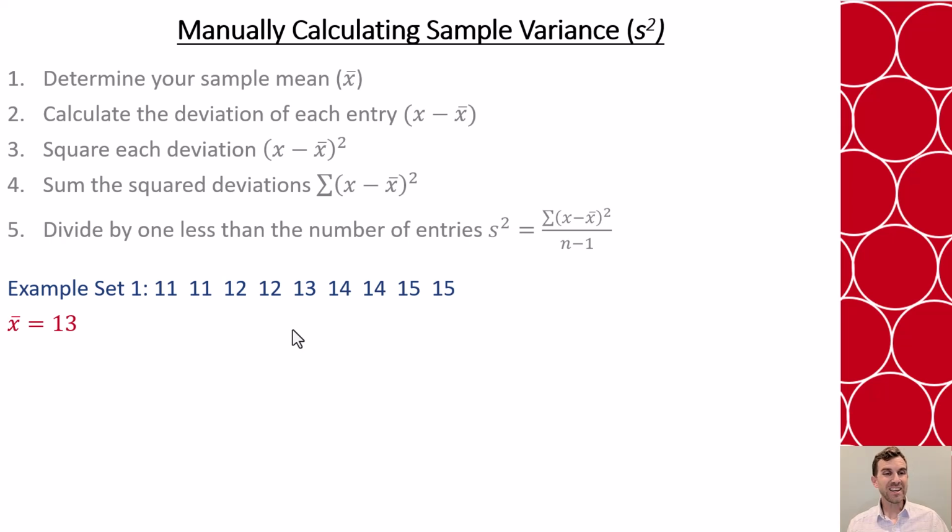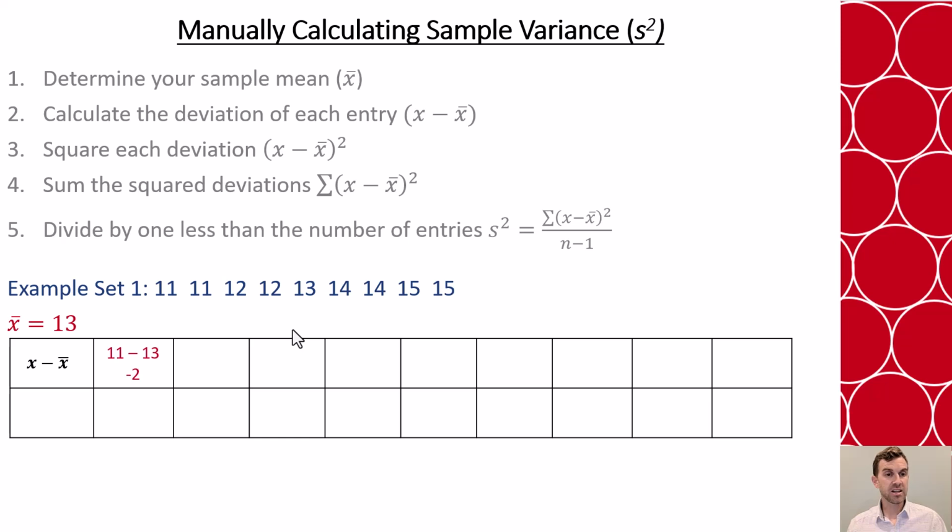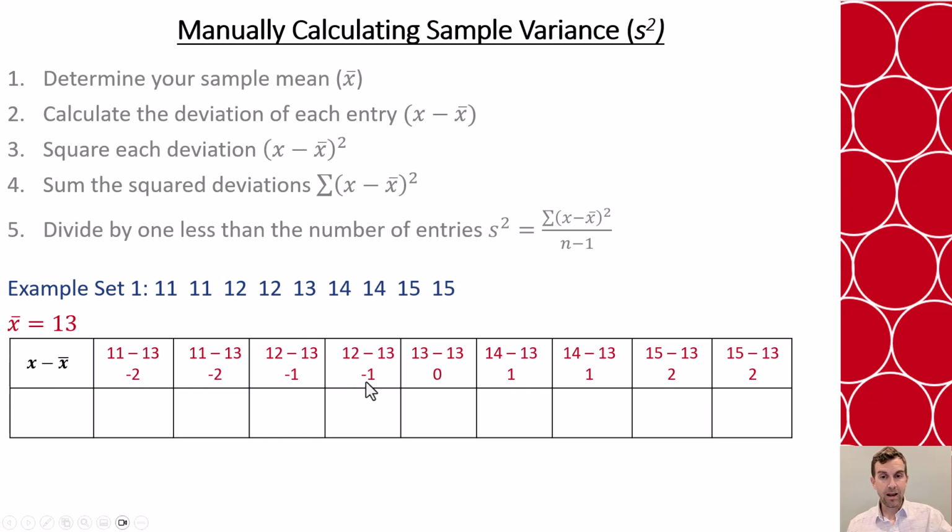So I can take each individual entry and subtract 13. So 11 minus 13, I'm going to do that. Then the 12 minus 13, the 13 minus 13, the 14 minus 13, the 15 minus 13, the 15 minus 13. And I have now these 9 values. I'm going to square each value. So each of these negatives now becomes a positive.